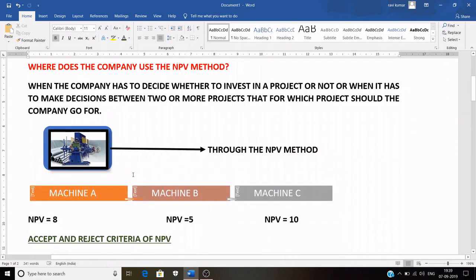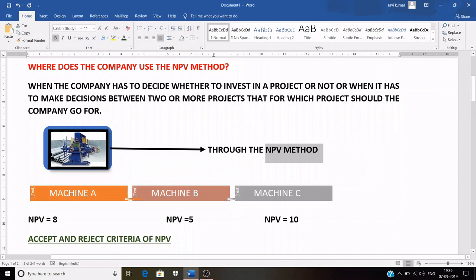In another situation, suppose our company has more than one machine proposal: machine A, machine B, and machine C. Now we have three machine proposals and our company wants to buy only one machine. Which machine should our company buy, either machine A or machine B or machine C? The company chooses on the basis of the NPV method.